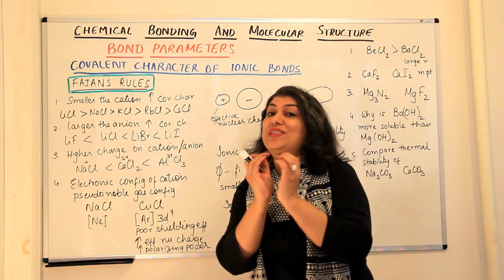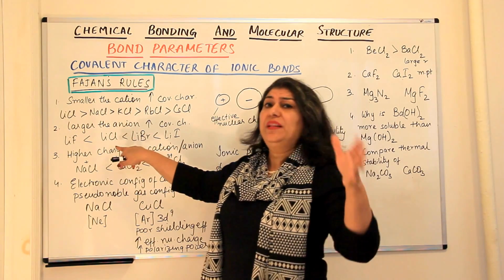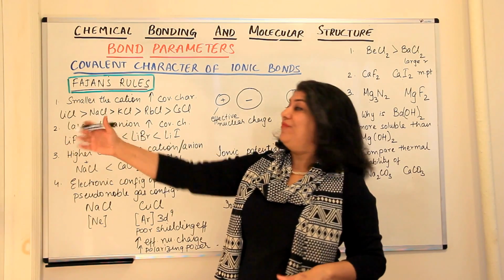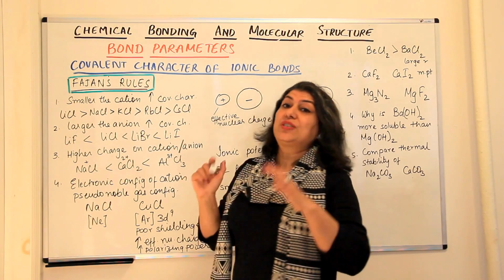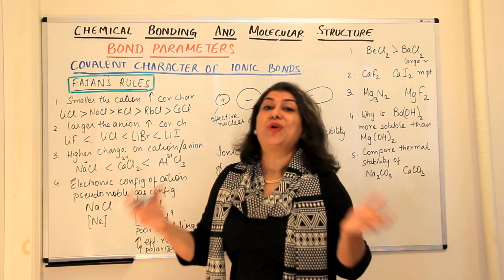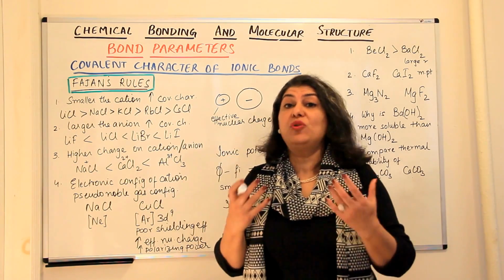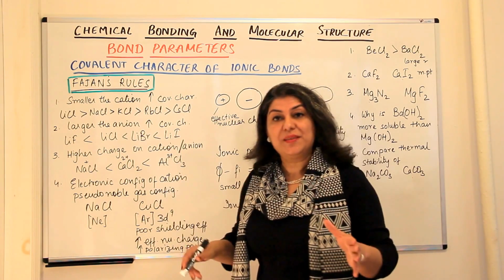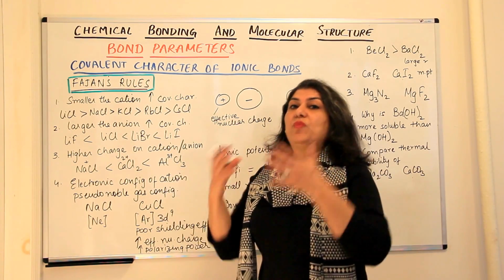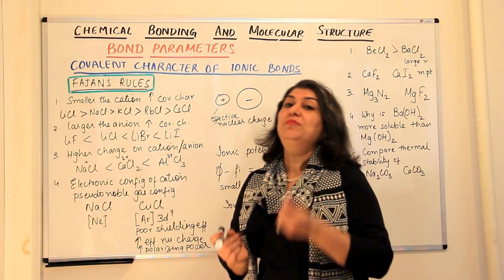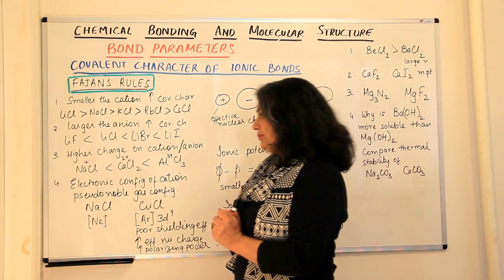Fluorine has electrons in the second shell, chlorine the third, then fourth, fifth shell. So the electrons are so far away from the nucleus that they would be the easiest to distort, and would get polarized most easily. So we say the polarizability of iodine is the most, and therefore lithium iodide would show maximum covalent character.